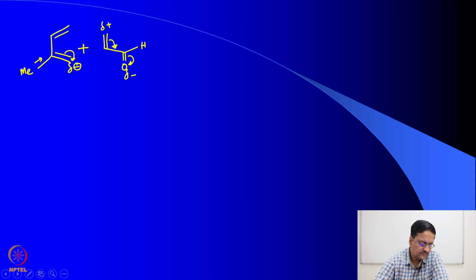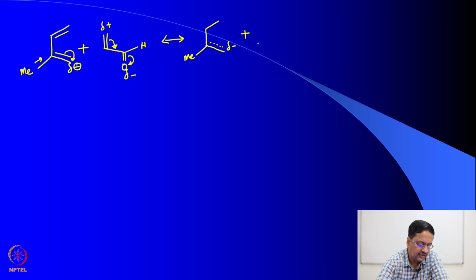So, what should happen is this charge separated resonating structure would have delta negative here plus delta positive there, which if we try to draw opposite like that.